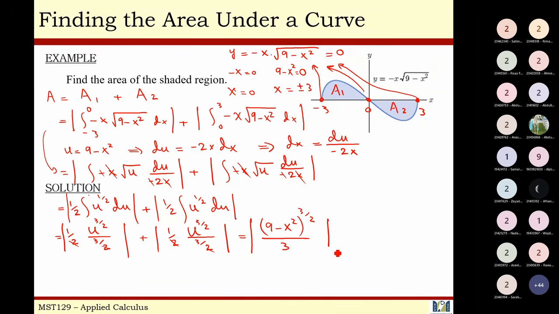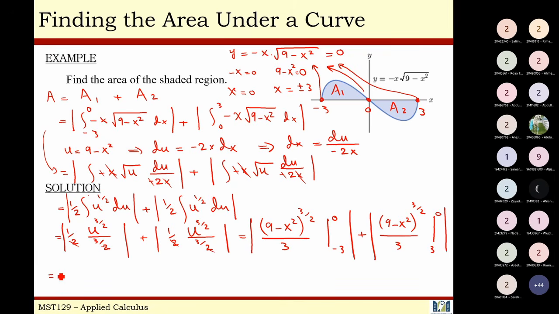Now we can put the limits minus 3 and 0. This is the same 9 minus x squared to the power 3 over 2 over 3, and substitute 3 and 0.